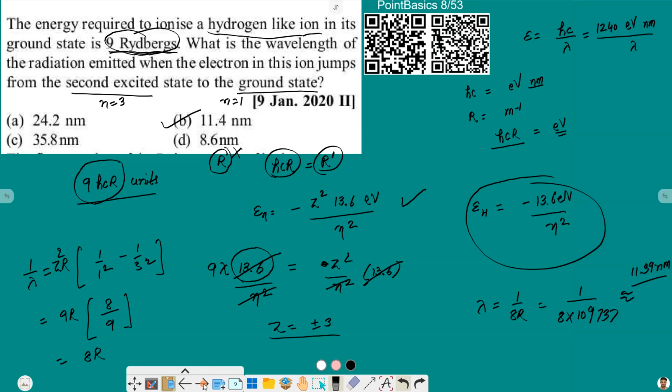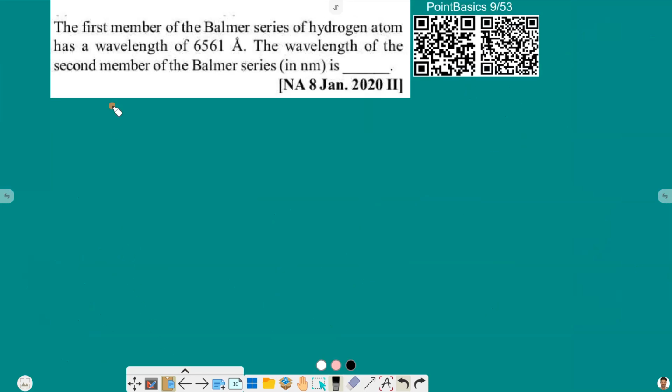Now let us move to the next one. The first member of the Balmer series of the hydrogen atom has a wavelength of 6561 angstrom. What is the wavelength of the second member of the Balmer series? For the Balmer series, we know n1 is 2 and n2 can take any value greater than 2.